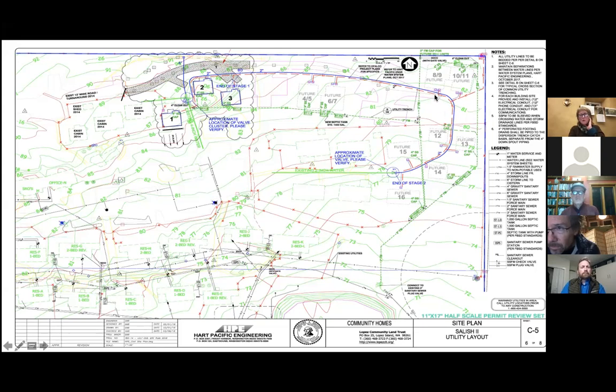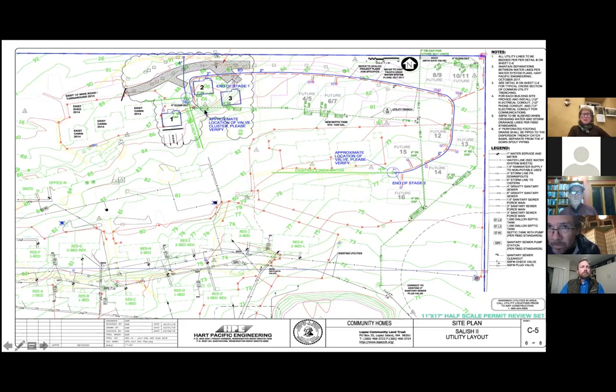And we have to do all this pipe in between, which we don't need right now. But the state of Washington on a Class A system requires that you have your entire water plan figured out. And yes, you can move it around just a little bit, but once you submit it to the state, you have to stick with it, okay?